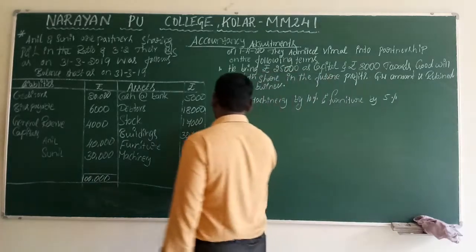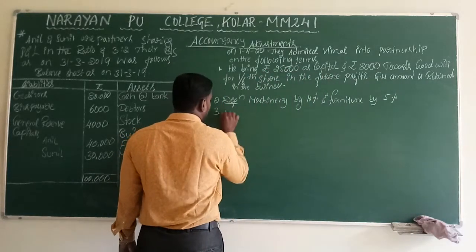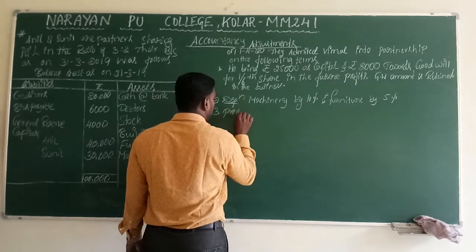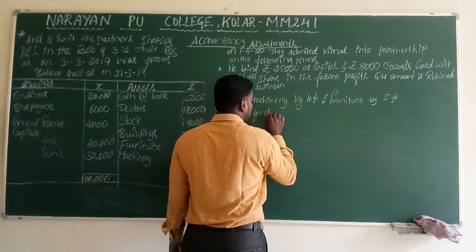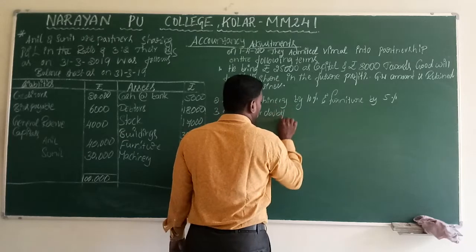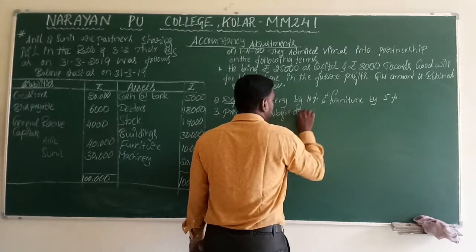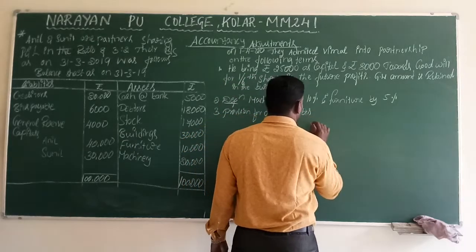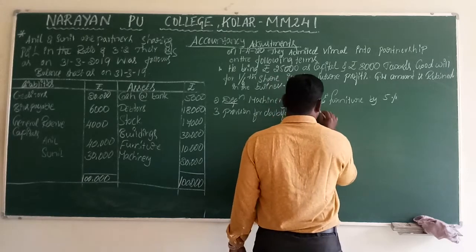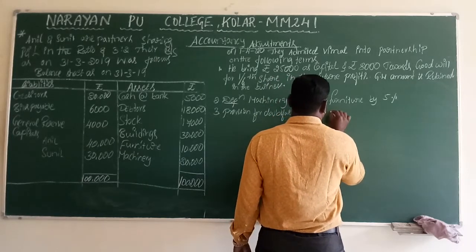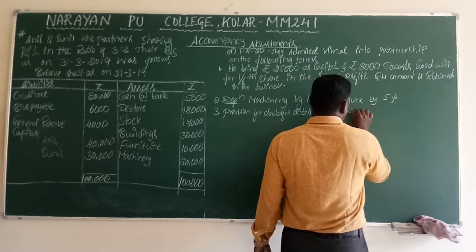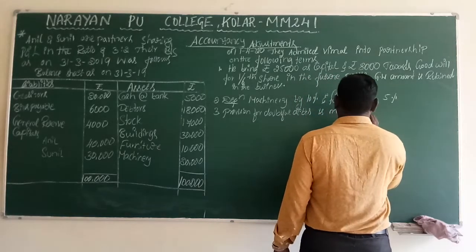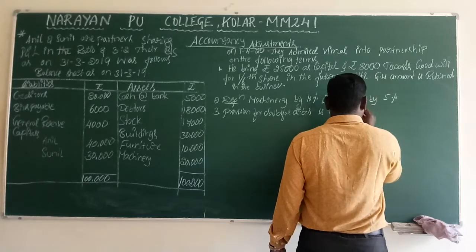Third adjustment. Provision for doubtful debts is maintained at 5% on debtors.